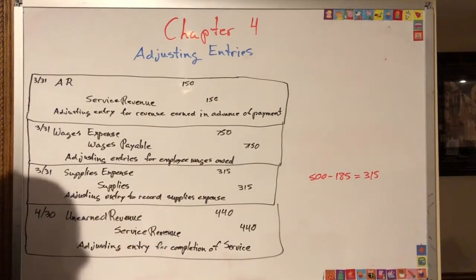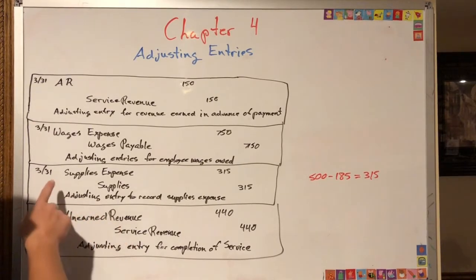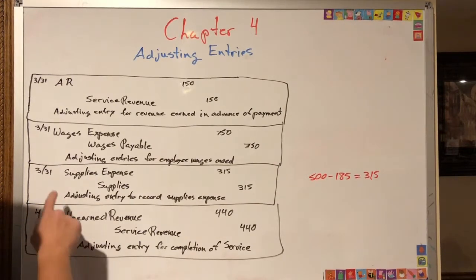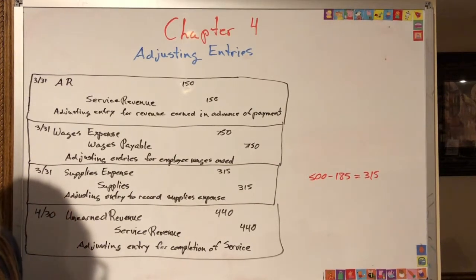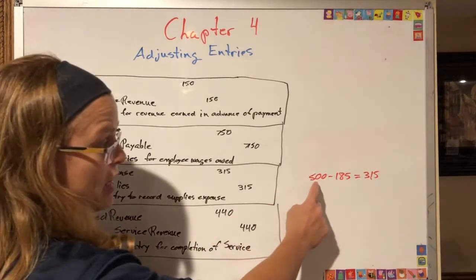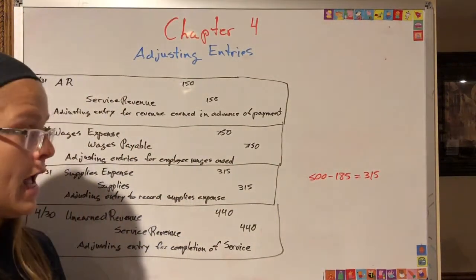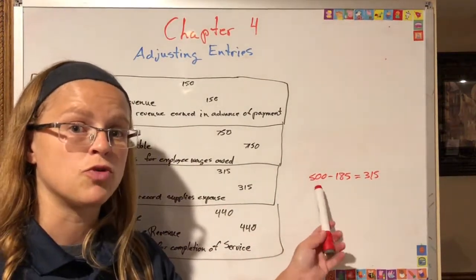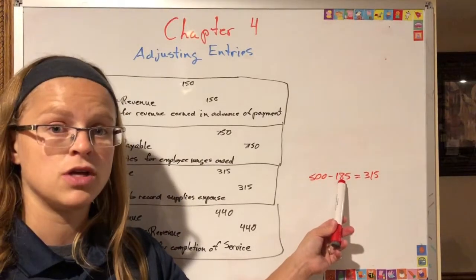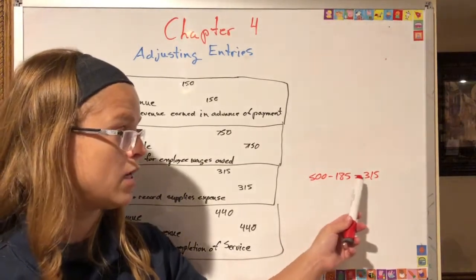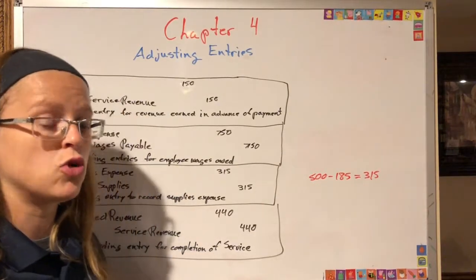Our next adjusting entry is our supplies expense. So Ann purchased $500 worth of supplies on March 4th. And she found on March 31st, when our accounting period ended, that only $185 worth of supplies remained. So what we have to do is take the original amount that Ann had of $500 and subtract the $185 that remains, and we get $315 total.